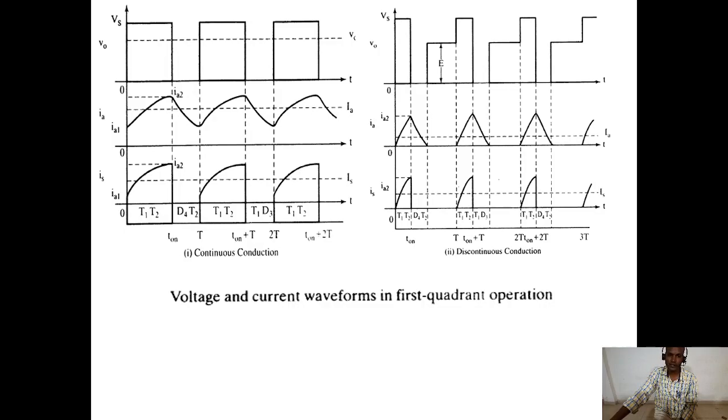In this figure, the first one represents continuous conduction mode and the second represents discontinuous conduction mode. The first is the source voltage Vs, the second is the armature current Ia, and in the third, along with armature current Ia, we are also representing the source current Is.